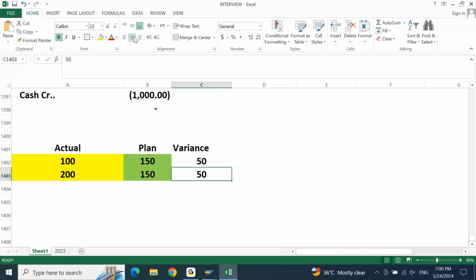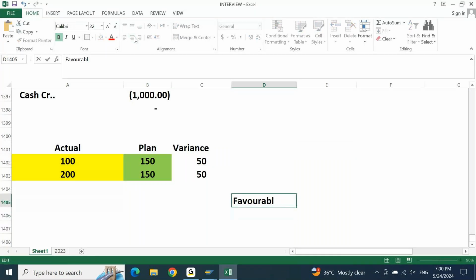One is doing benefit for me, the other is not doing benefit for me. One is increasing my profit, one is reducing my profit. Yes or no? Yes. Meaning, one variance is favorable. First one, Ajay. First one is favorable, second one is unfavorable.